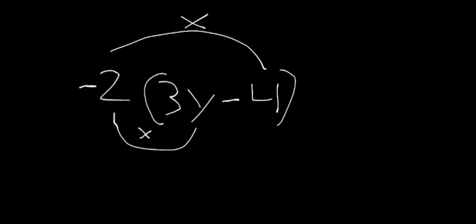So -2 times 3y is -6y, and -2 times -4 is equal to +8, because when you multiply two negatives, that becomes a positive. So +8, and that should be your answer when you distribute it.